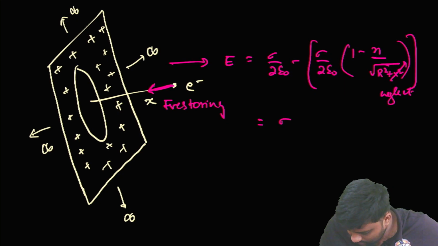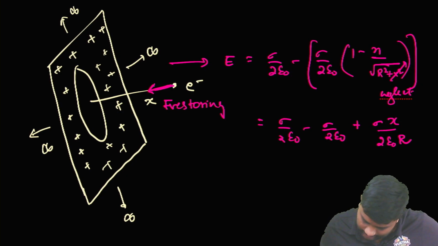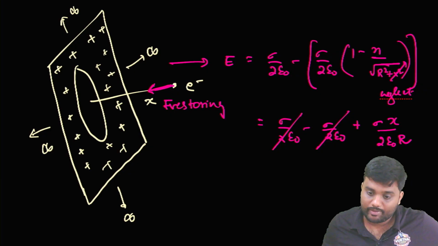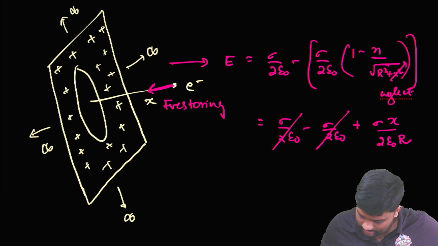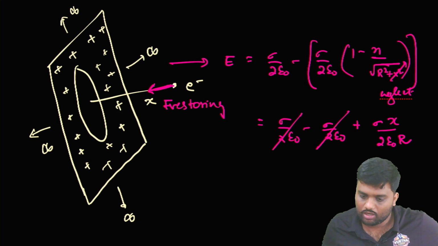Once you neglect it, you will get sigma by 2 epsilon naught minus sigma by 2 epsilon naught plus sigma x upon 2 epsilon naught r. Sigma by 2 epsilon naught will get cancelled. That means you will get electric field equal to sigma x upon 2 epsilon naught r.